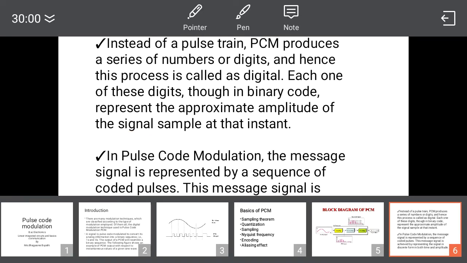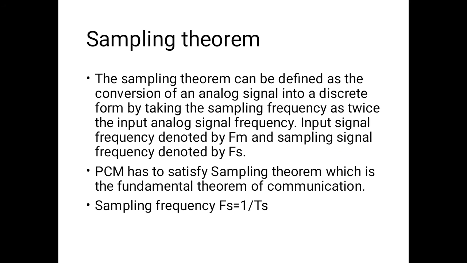I will tell you what it means. Now, the first point to remember under PCM is that PCM should always satisfy a fundamental theorem of communication, which is called the sampling theorem, which also defines the Nyquist frequency criteria.